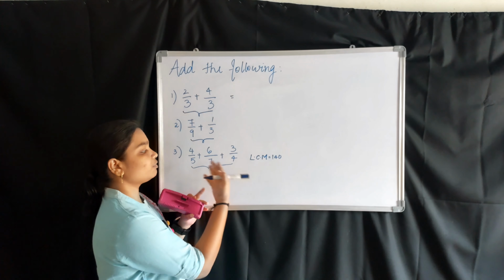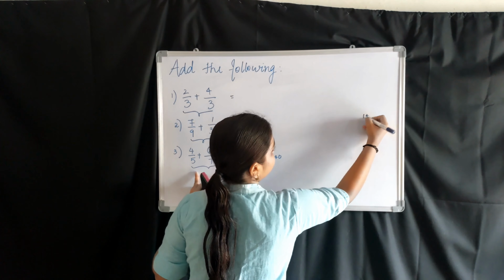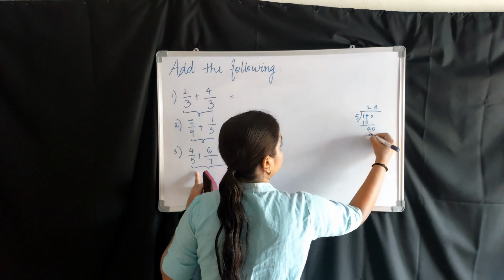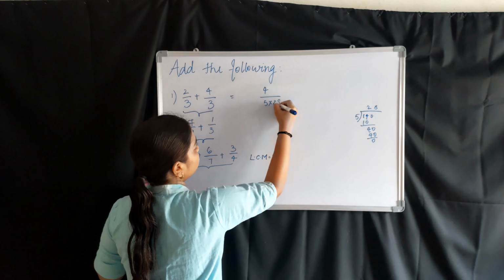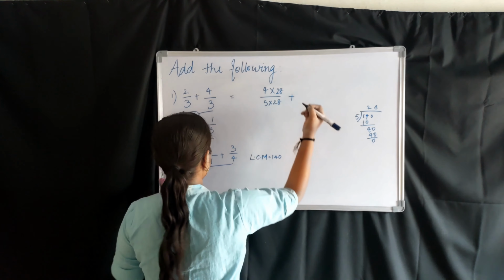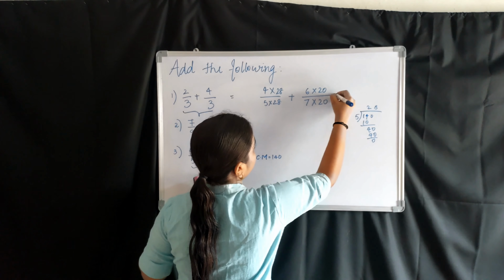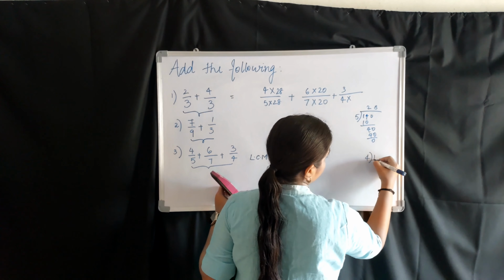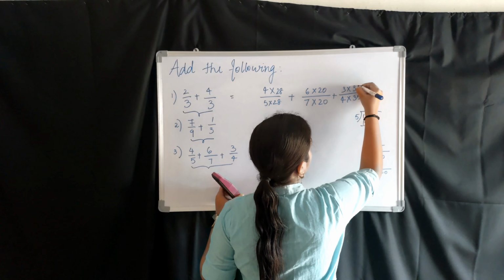Let us see where 140 lies in the multiples of 5, 7 and 4. 140 divided by 5 is 28, so 5 into 28; for 7 it is 20, so into 20; and for 4 it is 35, so into 35.